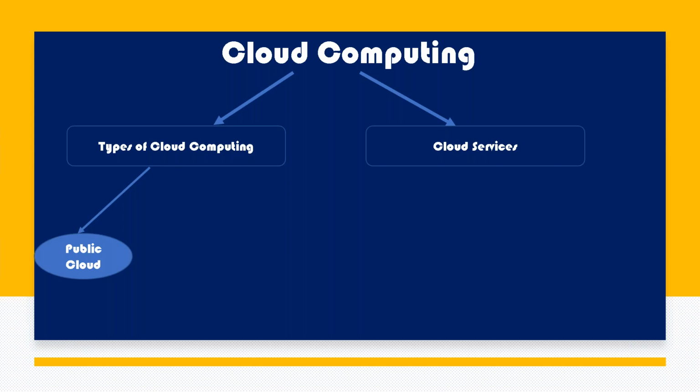The data centers and everything will be handled and maintained by the service provider. You don't need to worry about that. If you need it, you can pay, purchase it and use it. So that is public cloud. The other one is private cloud.